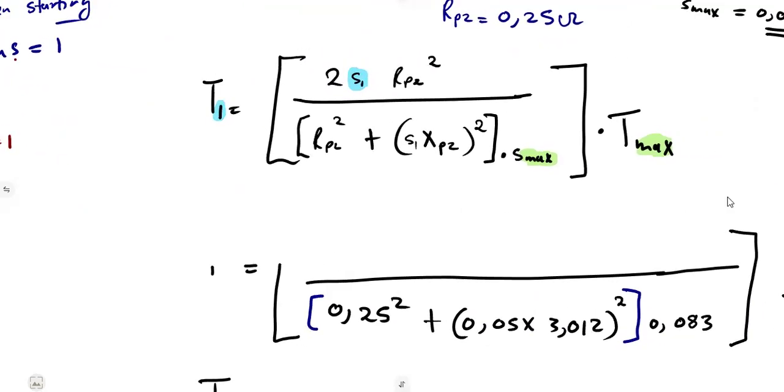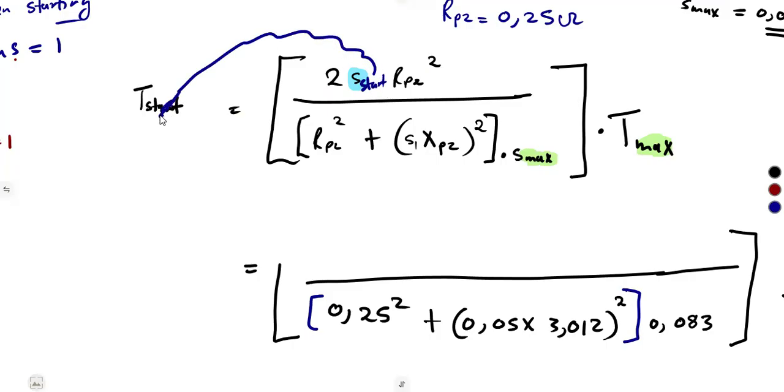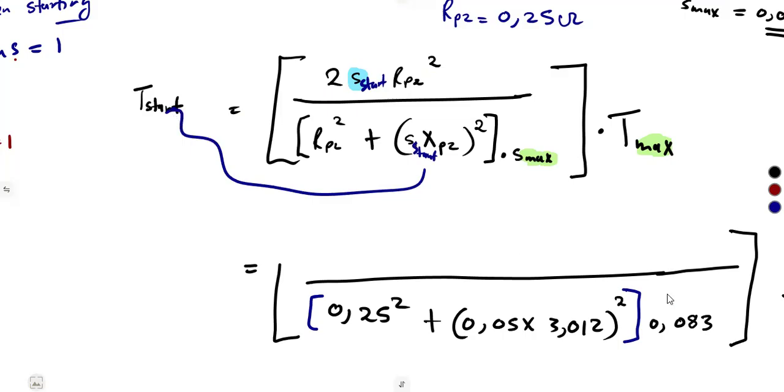Your formula will be affected here to say now we are talking about starting, so you're just going to call it T start. This S is no longer S1. The slip goes hand in hand with the torque that you have there, so it's our S start. It is the one being affected when you are starting.